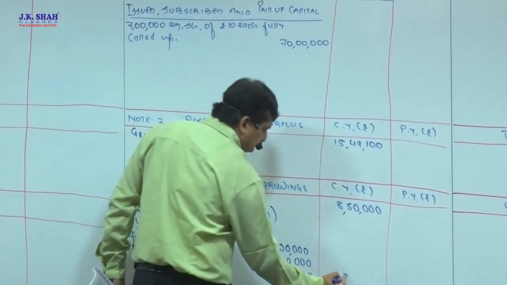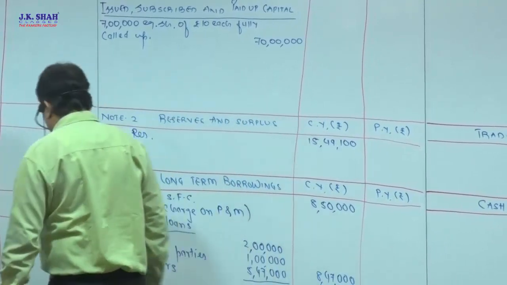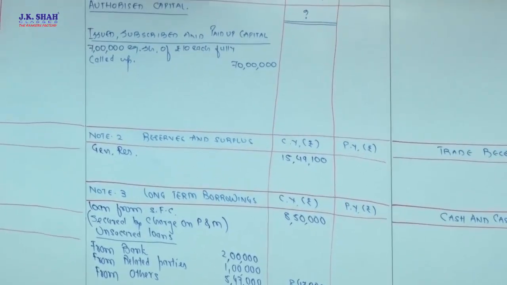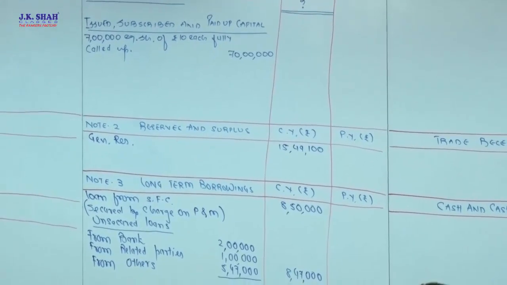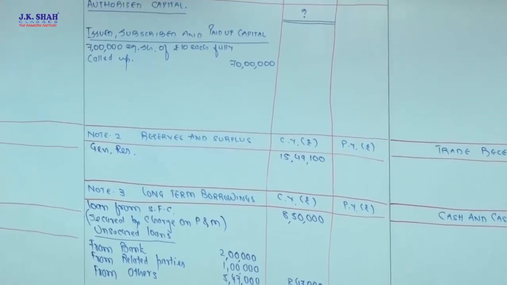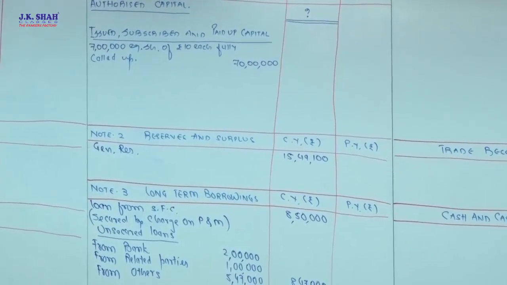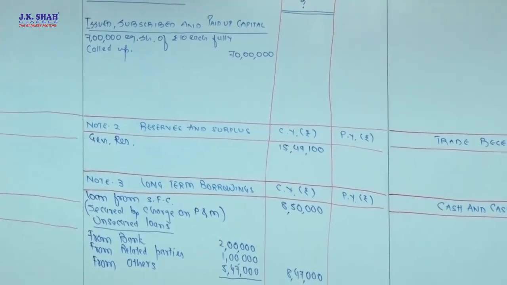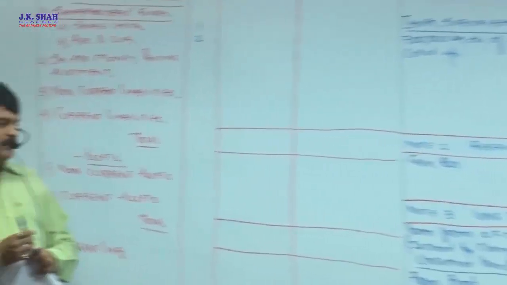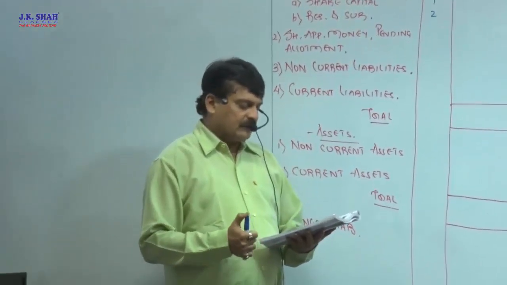Total 8 lakhs 47,000. All of you sure? Continue. Next. Sundry creditors for goods and expenses. That will go to trade payables. Write down in trade payables, sundry creditors for goods and expenses.